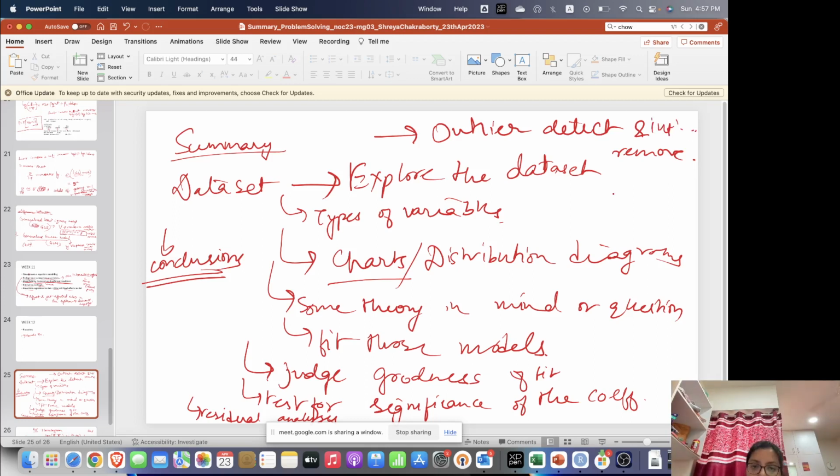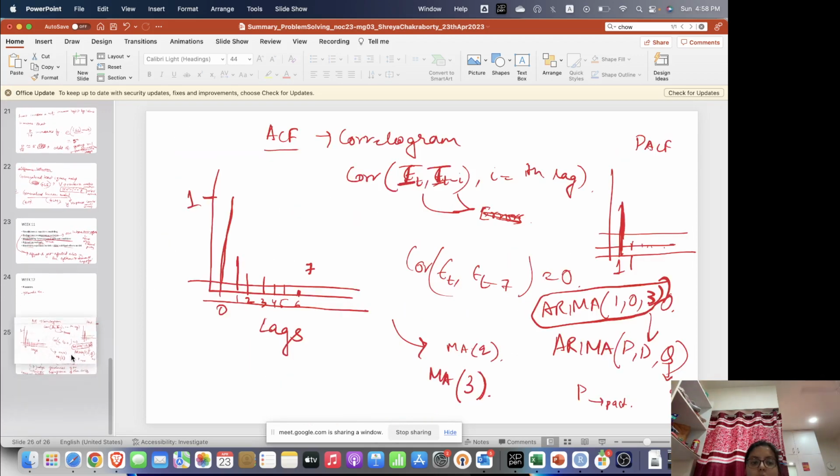Even though this is related to the regression concept, in case of time series also, we should first go for plotting, then try to find out the different components, remove the non-stationary part, get the stationary distribution, and then try modeling on that. So that was all about this course.